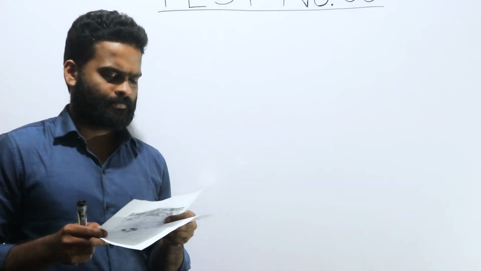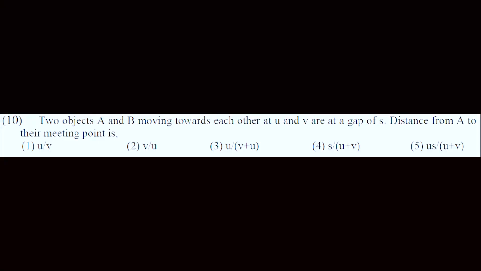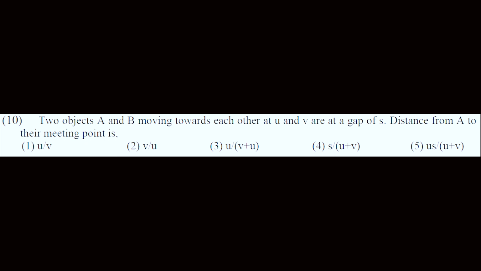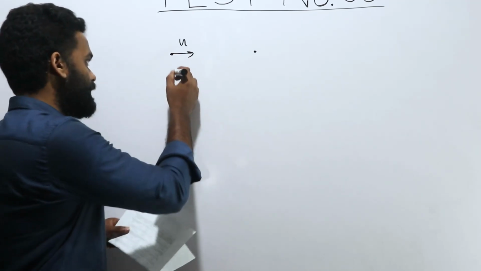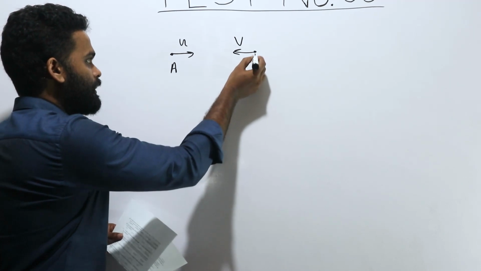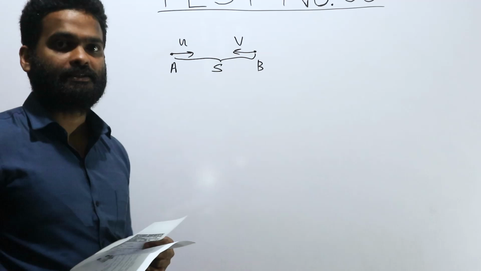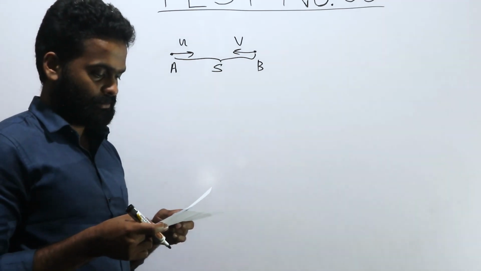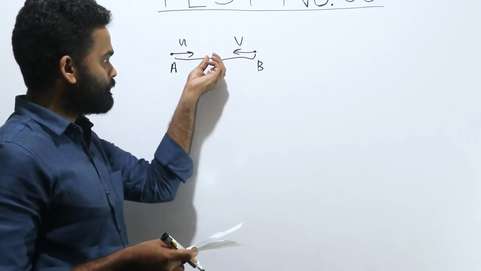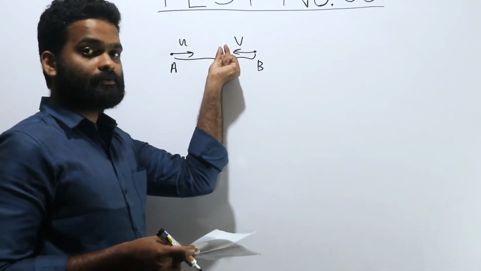Okay, next question. Two objects A and B moving towards each other at U and V are at a gap S. So at a considered instant, we have two objects A and B. Those have velocities U and V, and at that particular moment, the gap between them is simply S. When they move, at some point between these two points, these two objects would meet.